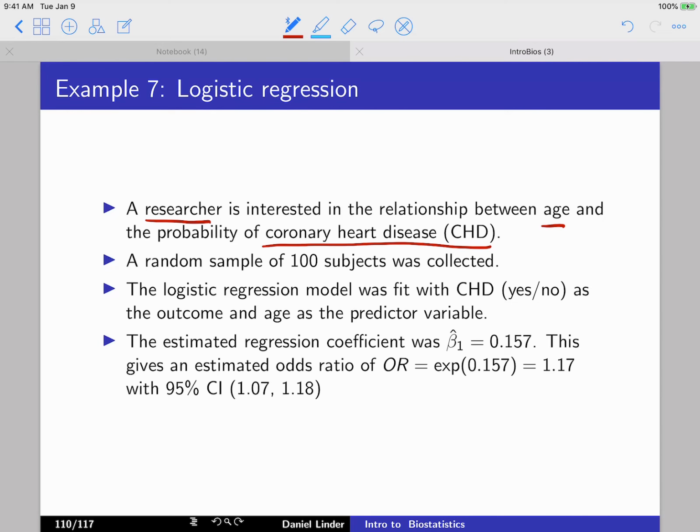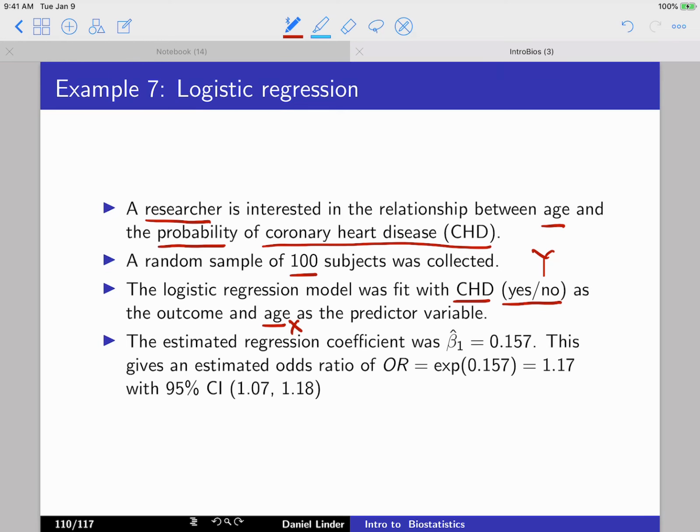We want to know, how is age related to the probability of coronary heart disease? For this study we had a random sample of 100 subjects, and a logistic regression model was fit with coronary heart disease, yes or no, as our response variable, our y variable, and age as our predictor variable, our x variable.